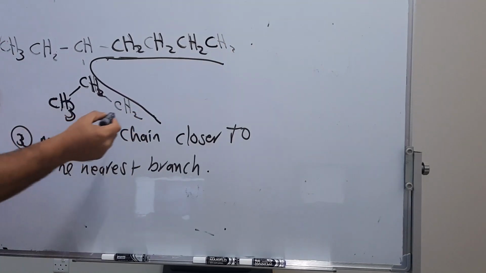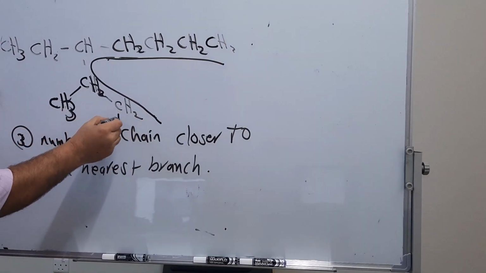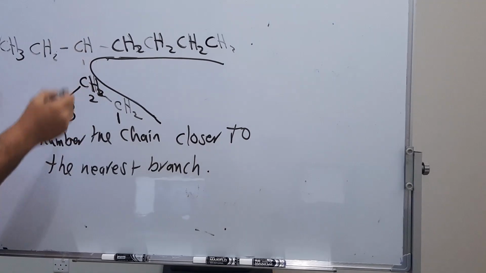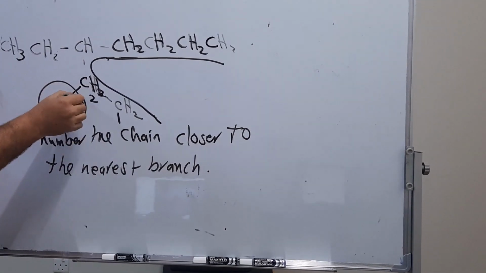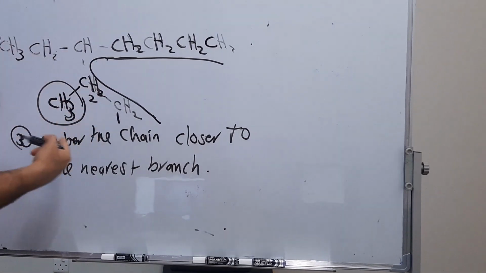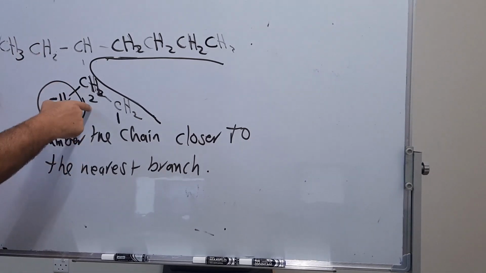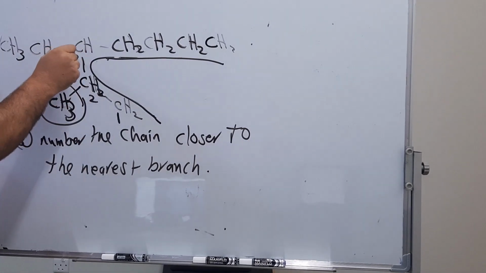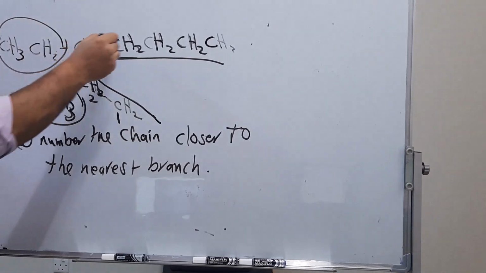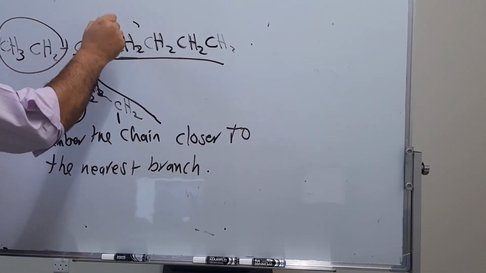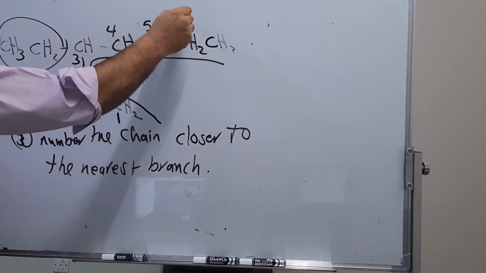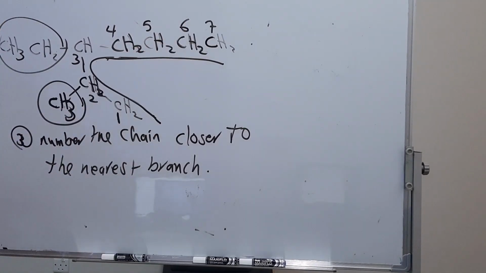In this case, I must number the chain from this side. 1, 2, in order to get this branch the lowest possible number. So I give it 2 and then continue 3. I will give also this 3, then 4, 5, 6, 7. Is that clear? It's extremely important.